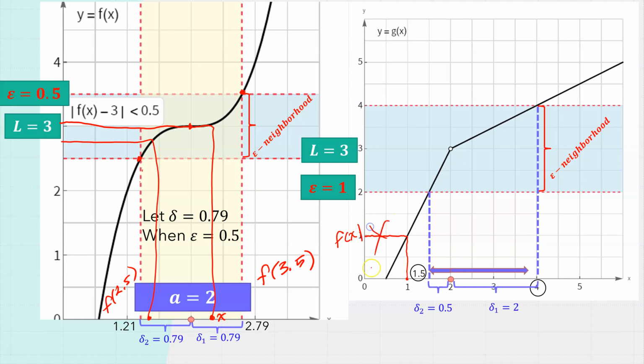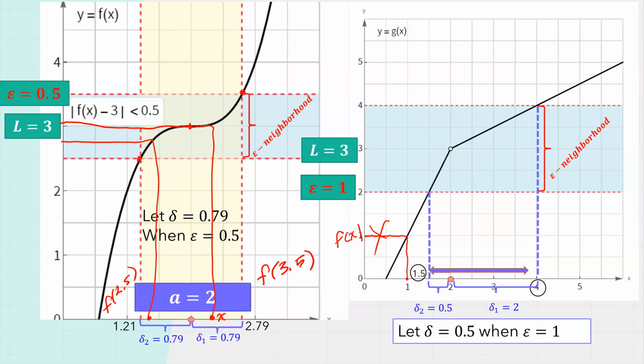That's not going to work. So we need to choose delta to be the smaller of the two. In this case, delta will be 0.5, or anything less than 0.5 is going to work. So delta would have to be 0.5 or less when epsilon is 1 for this particular example.